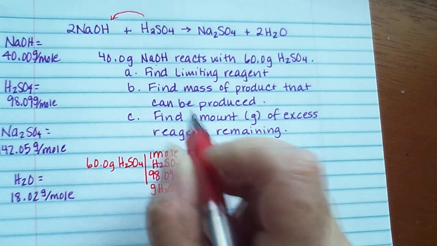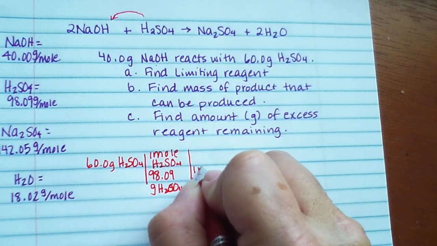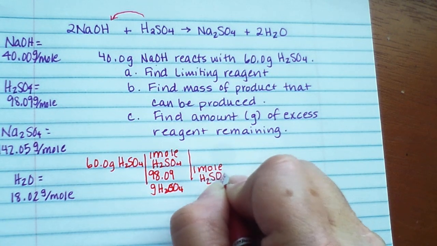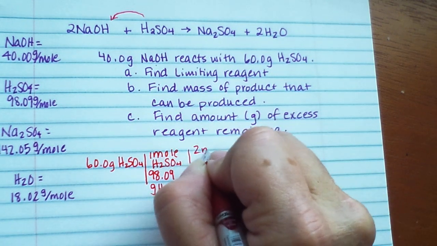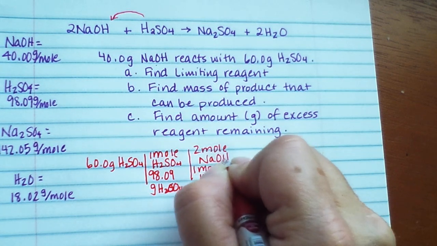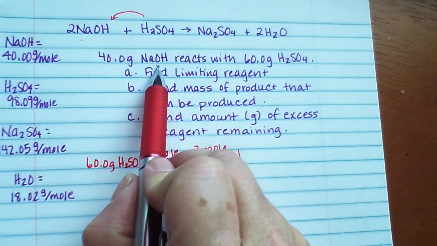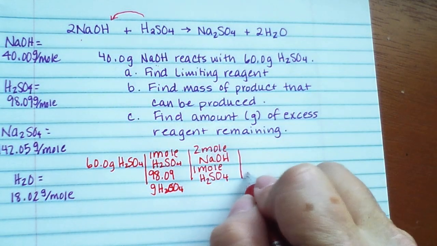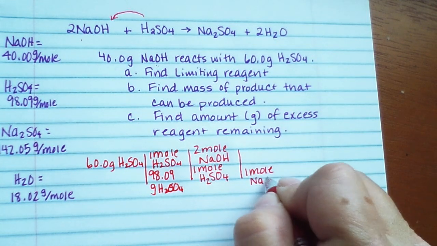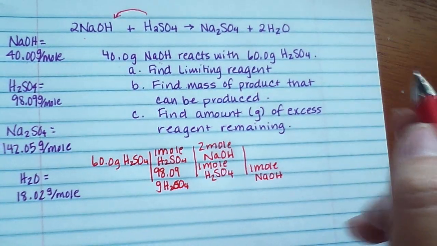Now I'm headed over to the sodium hydroxide, so that's a 1:2 ratio: 1 mole of H2SO4 to 2 moles of NaOH. Now I want to get to grams of sodium hydroxide because I know I was given 40 grams. So 1 mole of sodium hydroxide is 40 grams.